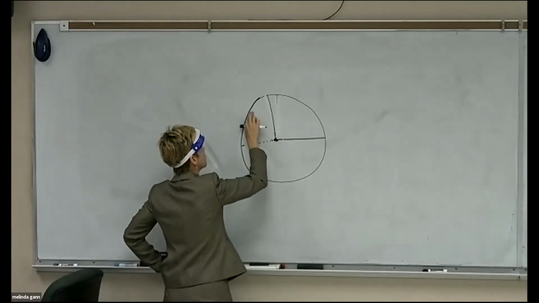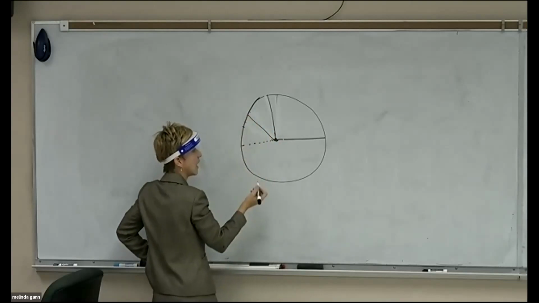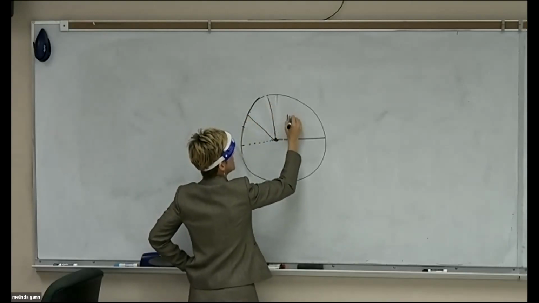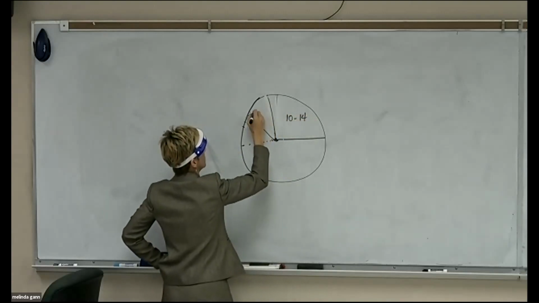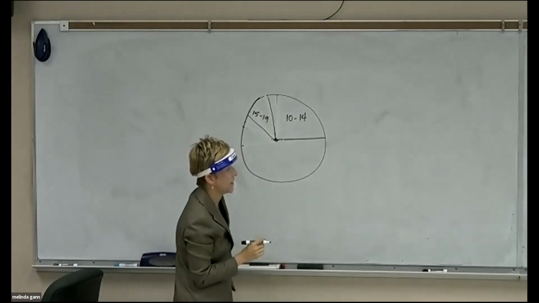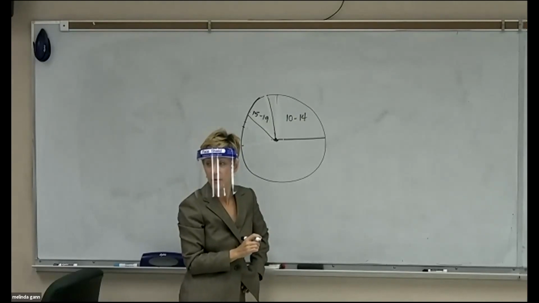Okay. Now, here's what needs to be kind of in the piece of pie. I want the classes. What class was this first one? It was the class 10 to 14. What's this class? 15 to 19. Now, what's my next one supposed to be? 137. Everybody with me?